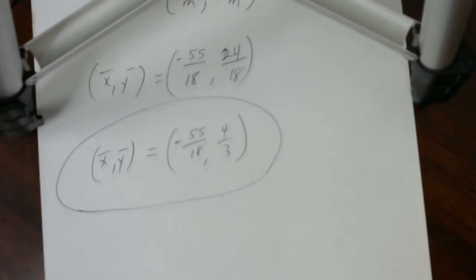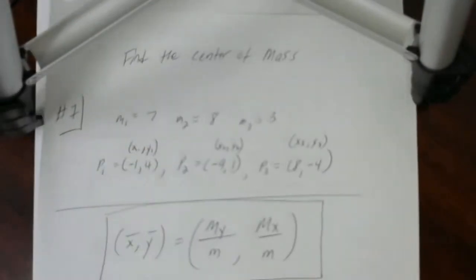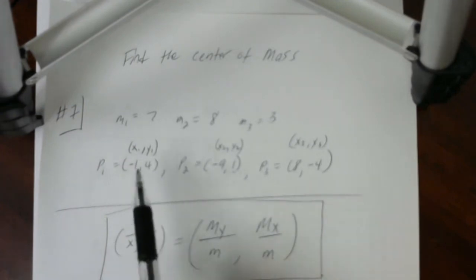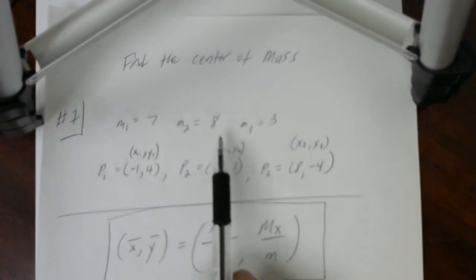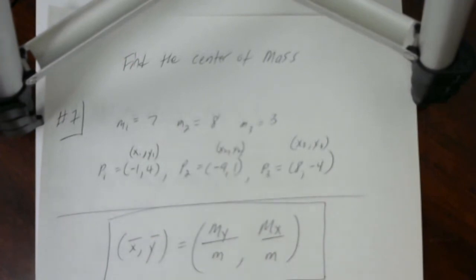All right, so just to go back and just kind of review what we did. Okay, we were finding the mass about our system. All right, so we had the mass for object 1, the mass for object 2, the mass for object 3.